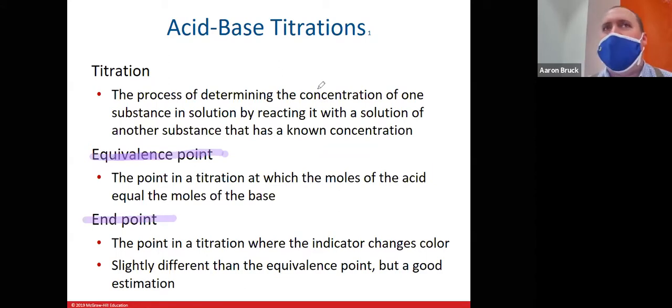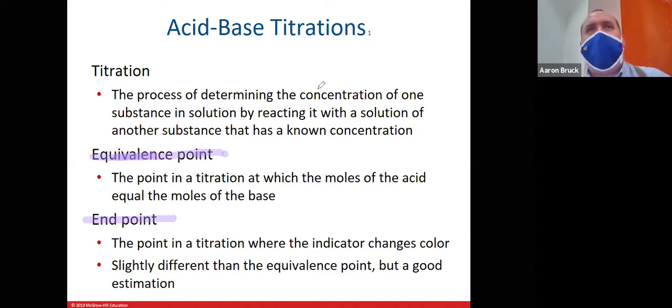So what do we do? Well, in short, we cheat a little bit. We introduce something called a chemical indicator. A chemical indicator is a molecule that is pH sensitive, meaning at certain pHs, it's going to have one molecular structure and give us one kind of color. And at other pHs, it's going to have a slightly different molecular structure and give us a different color.